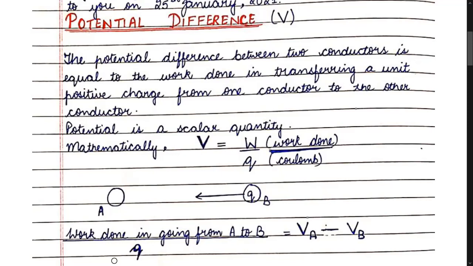So what is the potential difference? Students, suppose you are having two conductors A and B. So A and B are two conductors, and I am taking a unit positive charge from conductor B to conductor A.